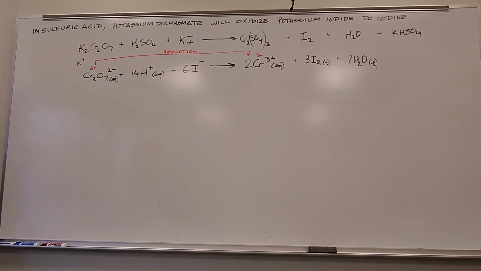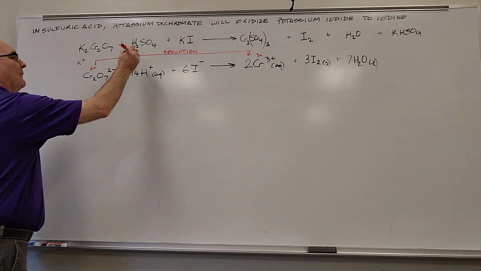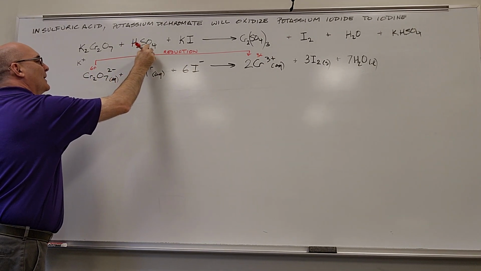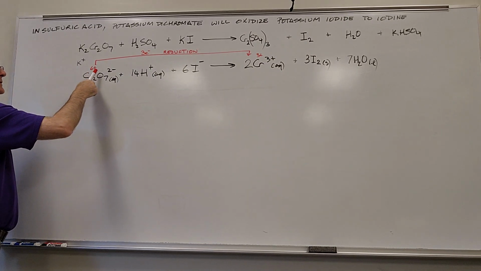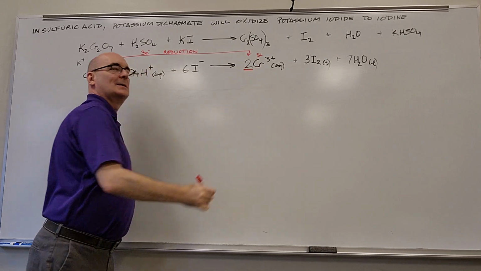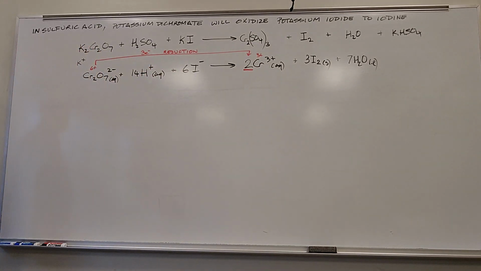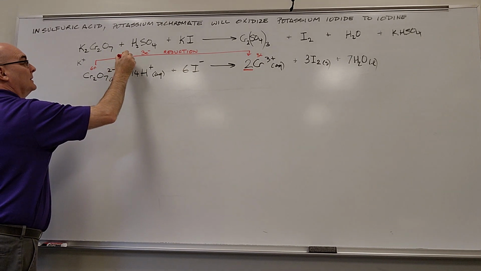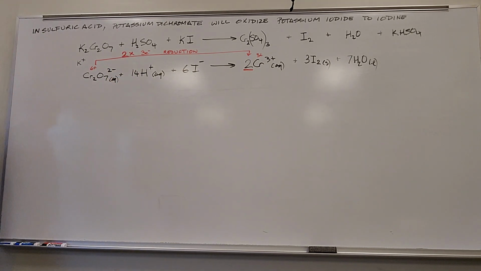How many electrons are involved? That's a 3 electron reduction from 6 to 3. But there's 2 of them. This is 2 3 electron reductions. Okay. And what did we decide was being oxidized?